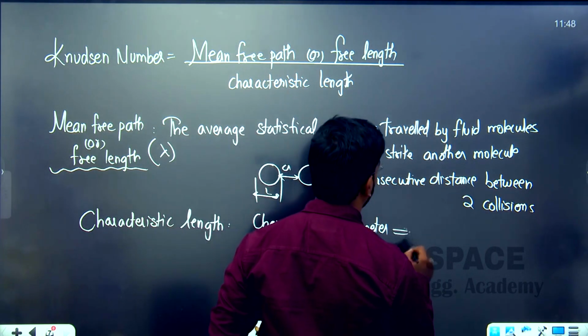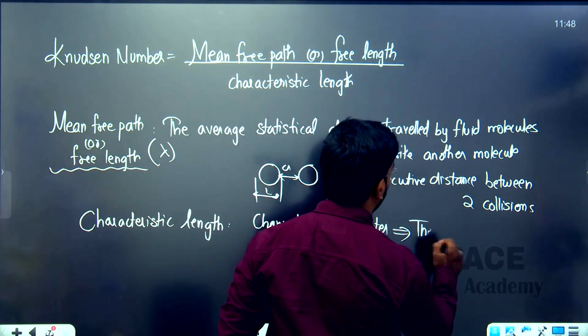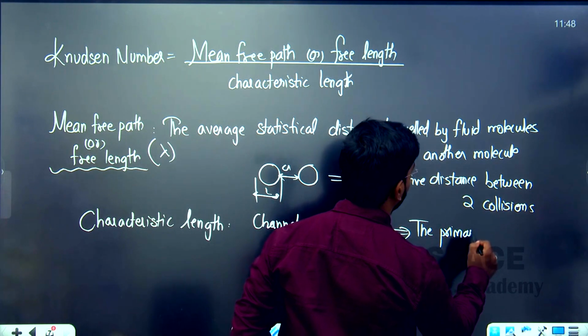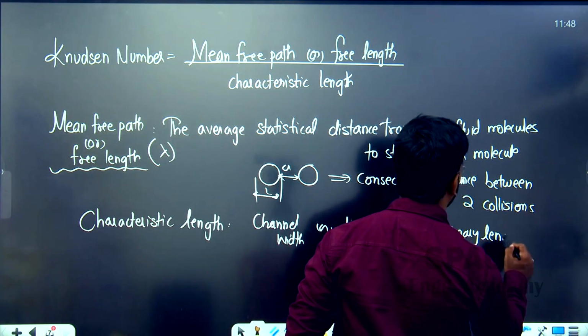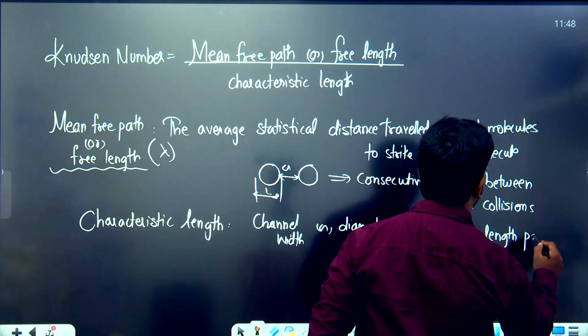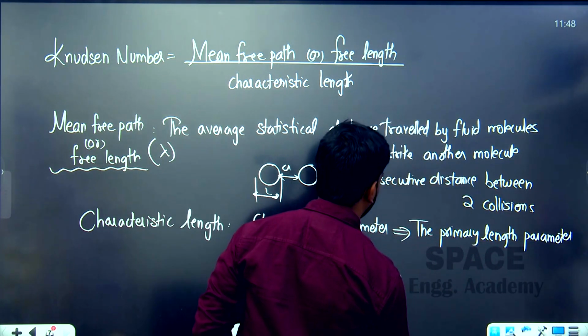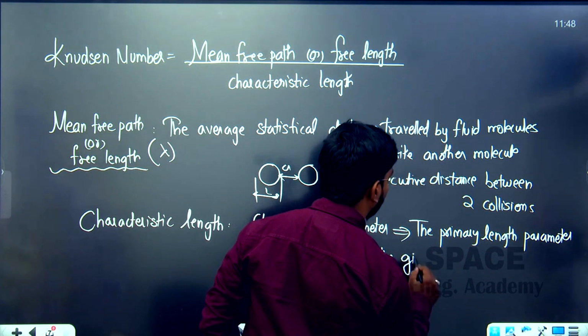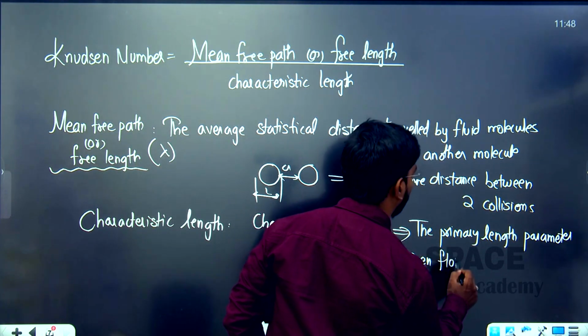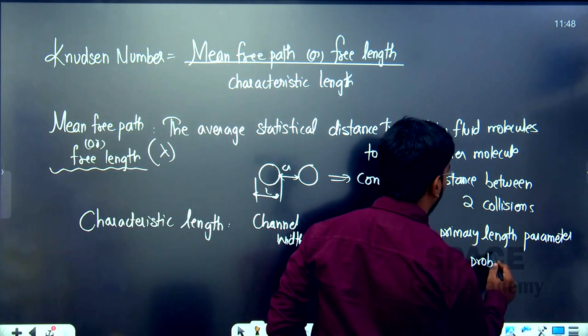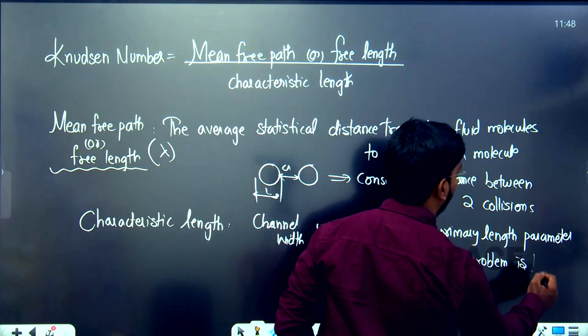Characteristic length is the primary dimension, the primary length parameter in the given flow problem.